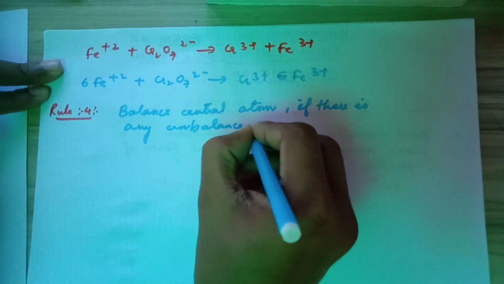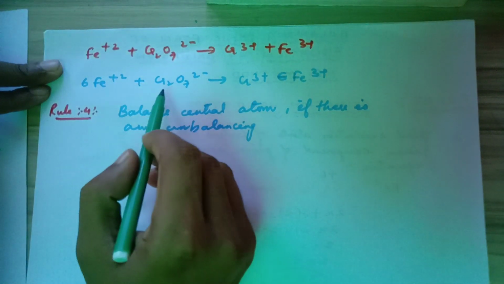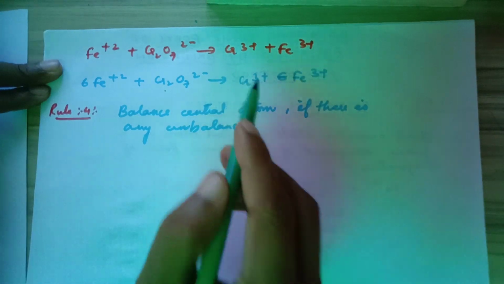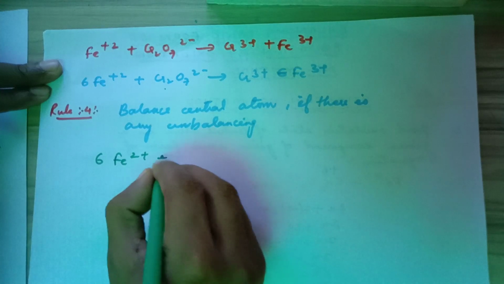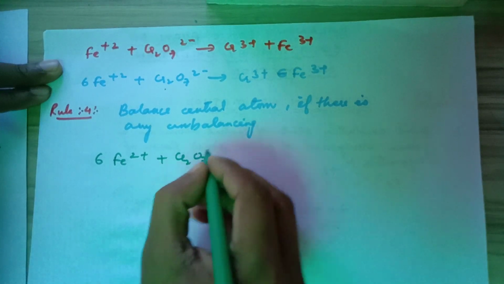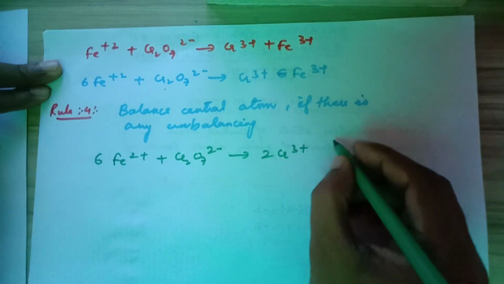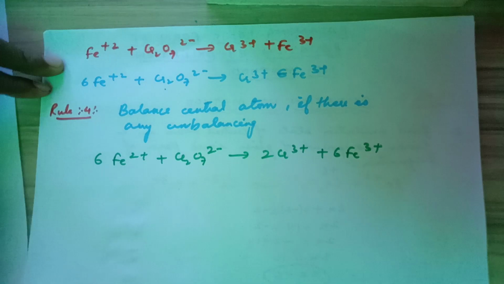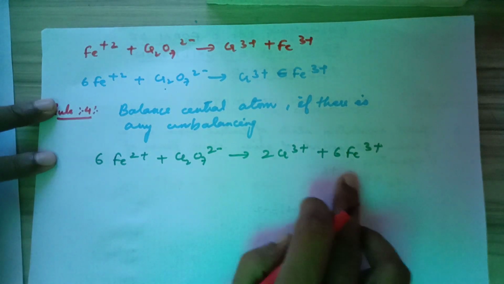Now here chromium is 2 and here chromium is 1, so we'll multiply this chromium by 2. So it will be 6Fe2+, Cr2O7 2-, this will be 2Cr3+, and this will be 6Fe3+. Now the central atoms are balanced.